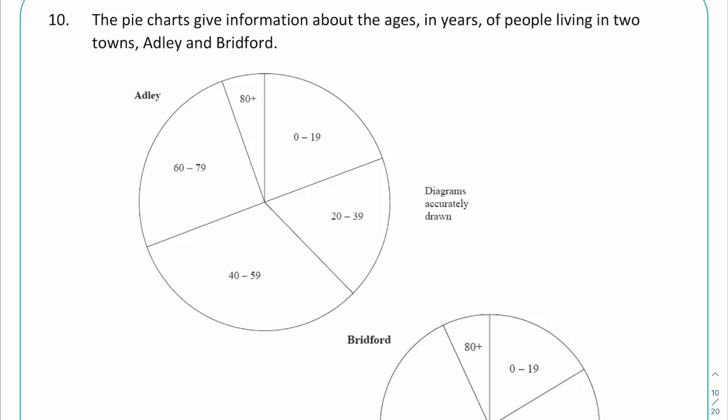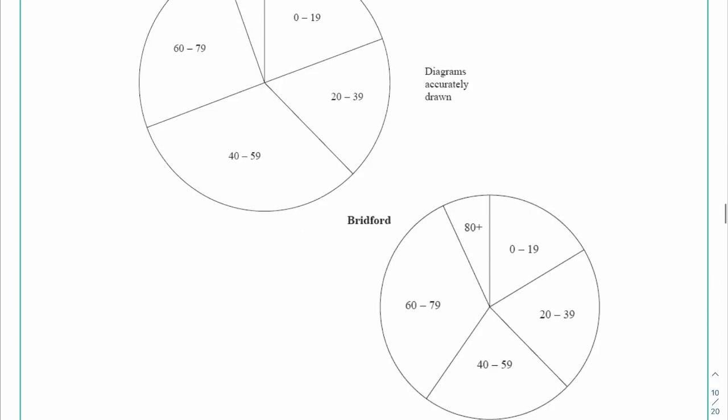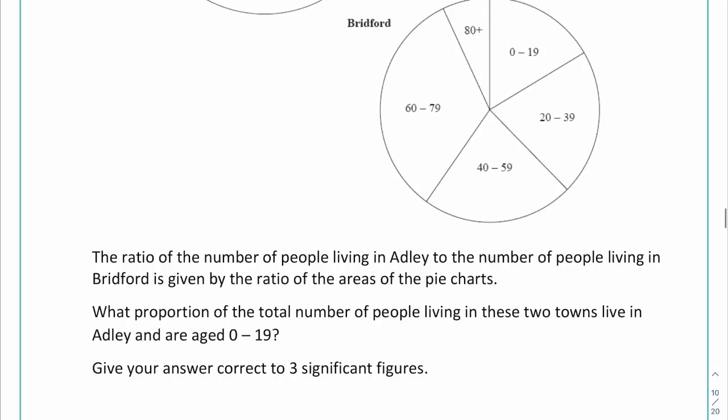So it says the pie charts give information about the ages in years of people living in 2 towns, Adley and Bridford. We've got the pie chart showing that. It says the ratio of the number of people living in Adley to the number of people living in Bridford is given by the ratio of the areas of the pie charts. What proportion of the total number of people living in these 2 towns live in Adley and are aged 0 to 19?